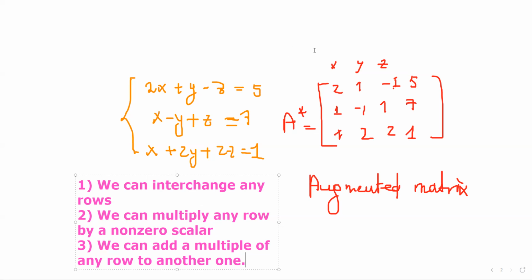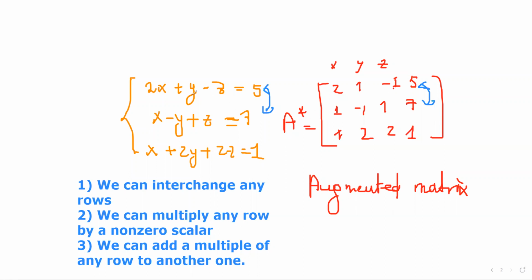So again, let's summarize what we have. We have three operations that we can apply. First, we can interchange any rows, any equations. If we interchange two equations, the rows also change position, but this doesn't affect the solution process. Second, we can multiply any row by a non-zero scalar.